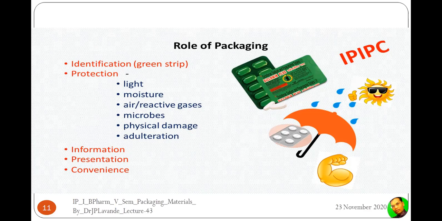The first I stands for identification. Let us say, for example, the painkiller, that is the diclofenac sodium tablet. So the patient can come to know that the green packaged product is the painkiller tablet. But every time we cannot correlate the things, because the green packaging may have some other types of drugs.